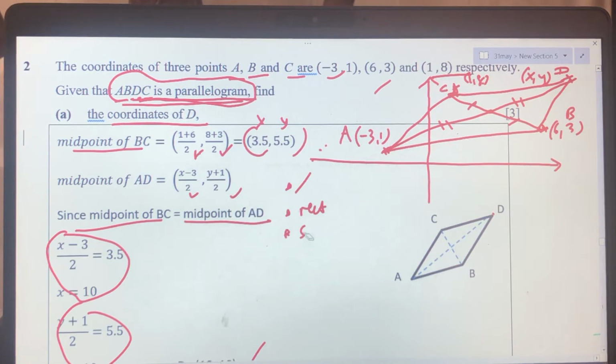Now, I want to talk about those of you who didn't get it correct. Why didn't you get it correct? Some of you tried to use gradient. So you say gradient of CD equals gradient of AB, then gradient of AC equals gradient of BD.